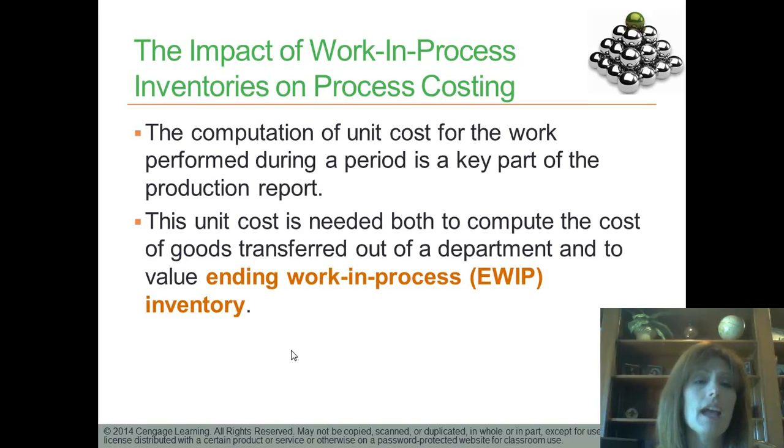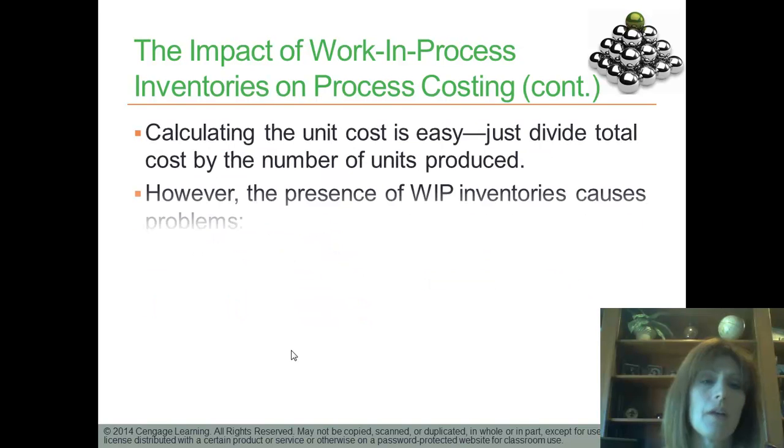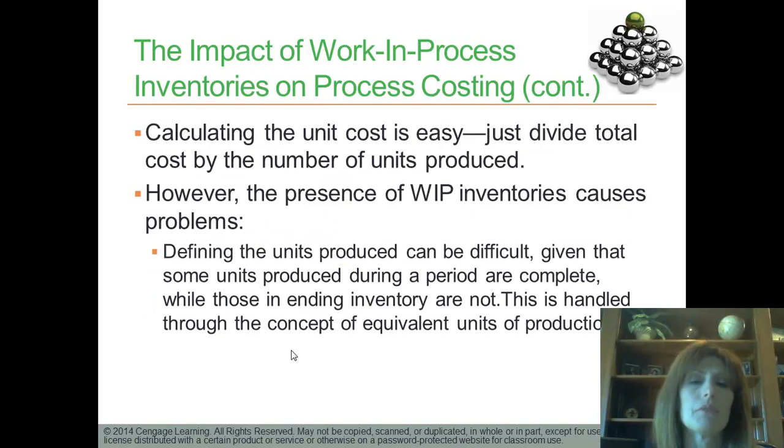All right, so when we have this work in process, we need to figure out these costs. Again, we're going to divide the total, but with work in process, that total is difficult. So here's a great sentence: defining the units produced can be difficult given that some units produced are complete while those in ending inventory are not. So we have to come up with a way to handle those, and we do it with equivalent units of production.